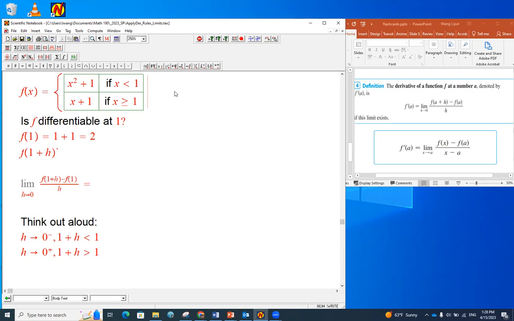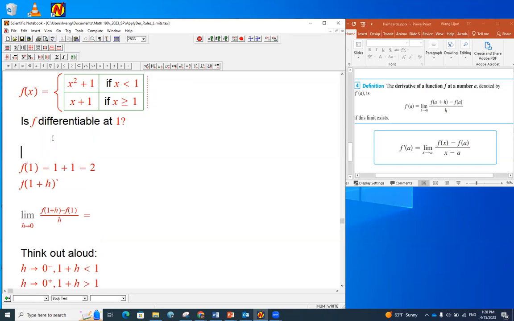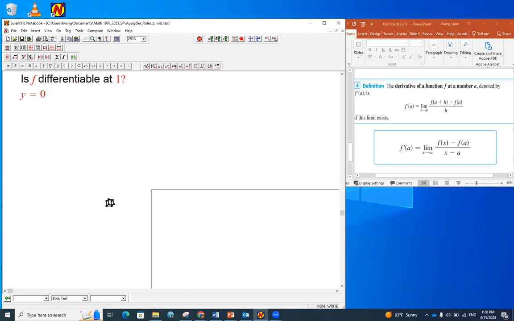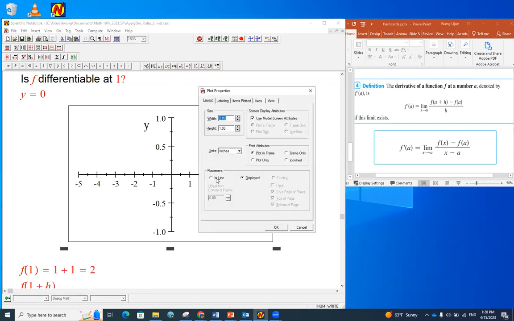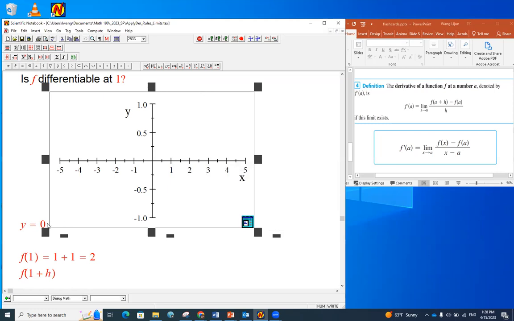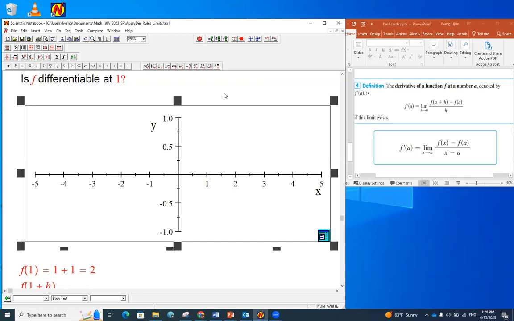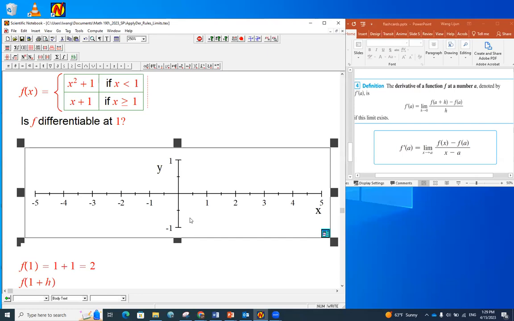To help us see better, I'm going to draw a picture. Be patient with me. I'm drawing this picture so that you can tell which piece of the function is going to be used. I'm just going to draw these two functions.